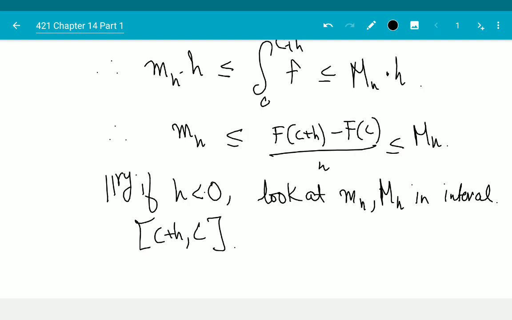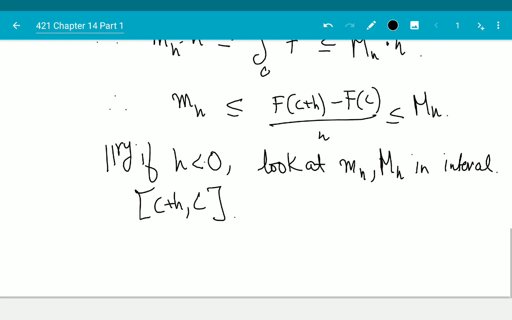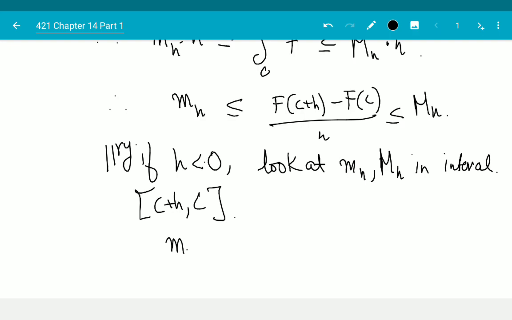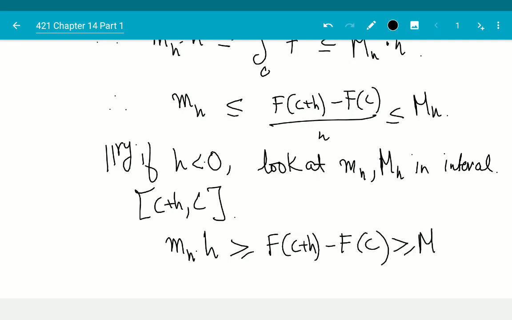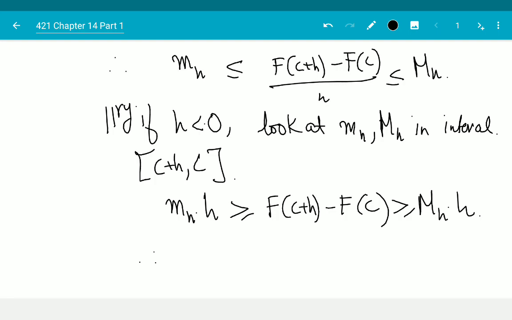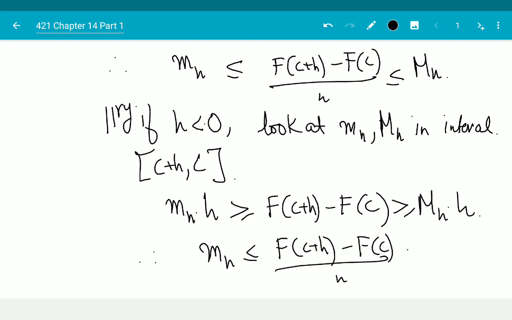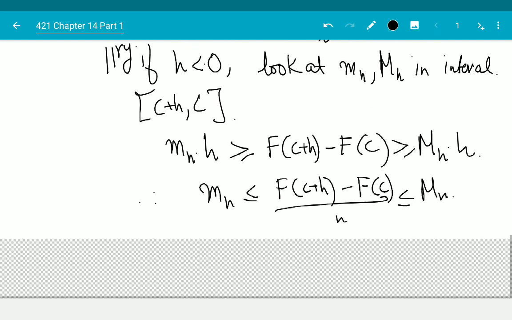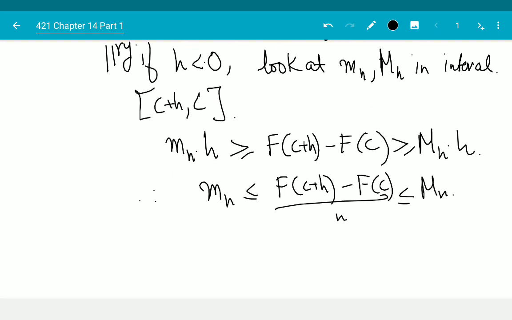And again, you would get that m_h times h is this time greater than or equal to F of c plus h minus F of c, which is greater than or equal to M_h times h, but h is now negative, therefore again small m_h is smaller than or equal to F of c plus h minus F of c over h, smaller than or equal to capital M_h. Okay, so in both cases I get this identity.